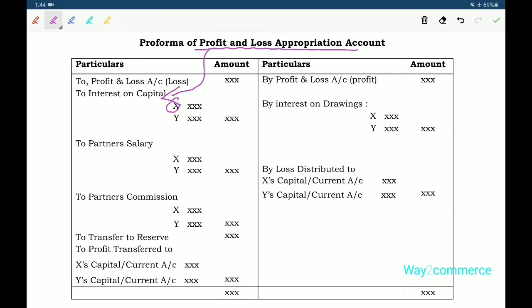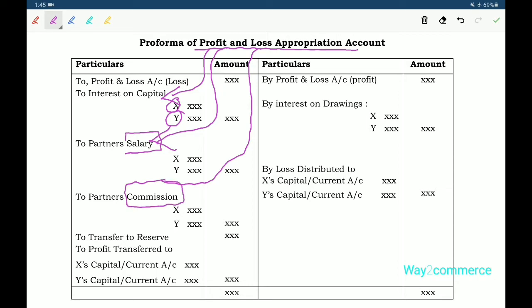So X capital, Y capital account. That means partners capital accounts. Next, in case of salary, profit and loss appropriation account debit to partner salary account. Same entry. It is also appropriation. Next, commission also appropriation. What is the entry? Profit and loss appropriation account debit to partners commission account.